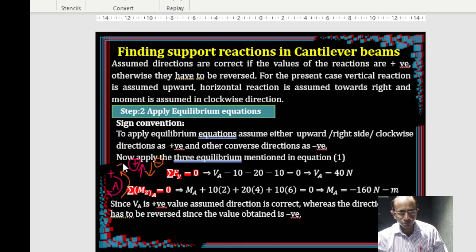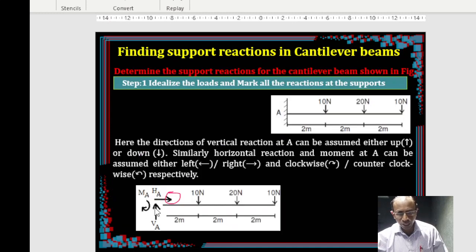So if I take clockwise positive, then wherever clockwise moments come I put plus, otherwise it is negative. Now look at this. I am standing at the point A. Moment is nothing but force times distance. So how many forces are there? One, two, three. Three forces will be causing moment, and the VA force is not causing moment because I am standing at A. Where is the perpendicular distance for it to cause moment?